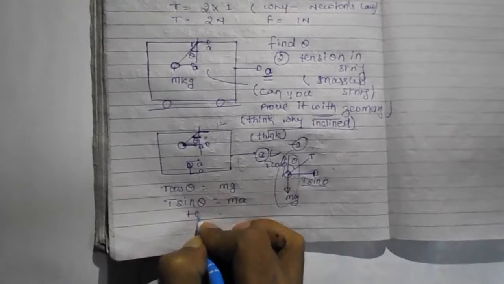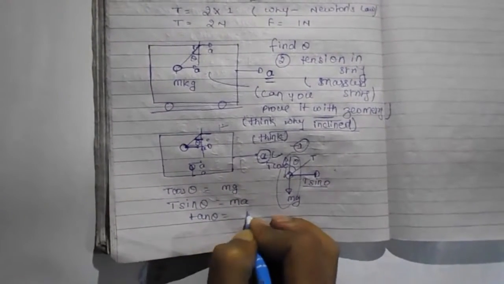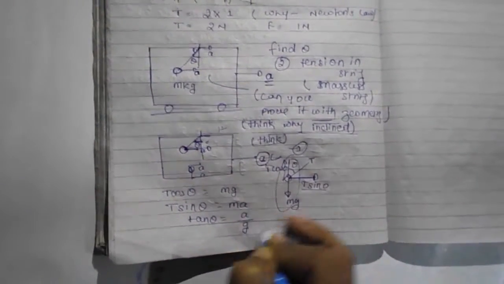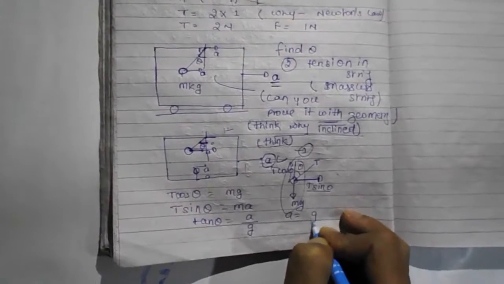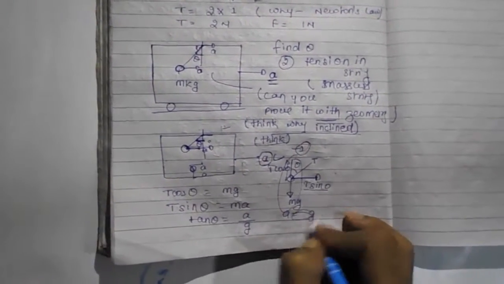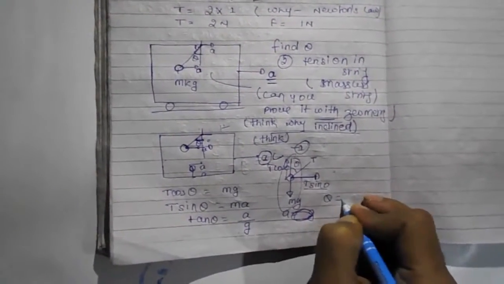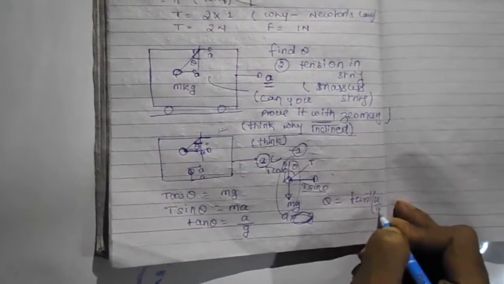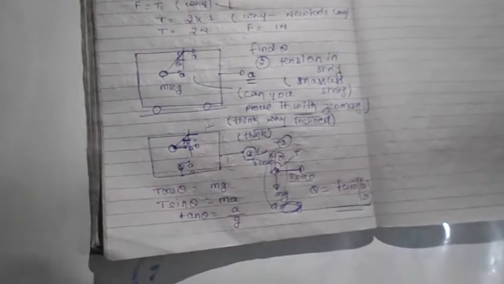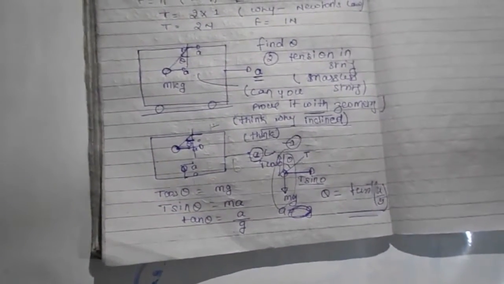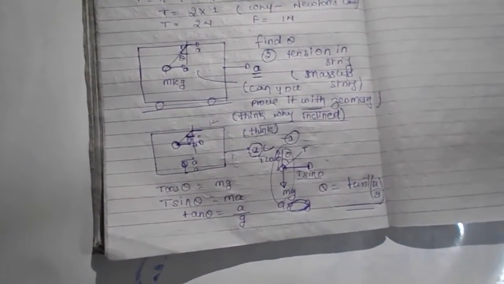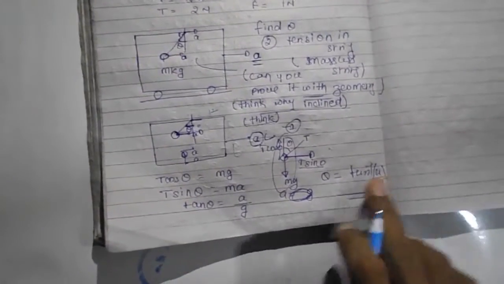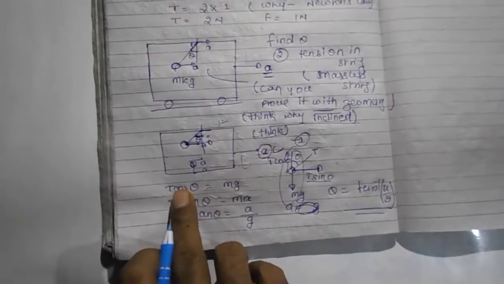So tan theta should be equal to a by g. So what is theta? Theta should be tan inverse of a by g. It is a simple question. Theta is tan inverse a by g, and if I know theta, then I can find cos theta.